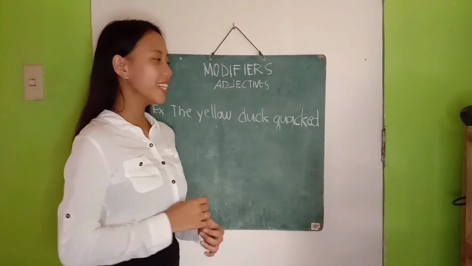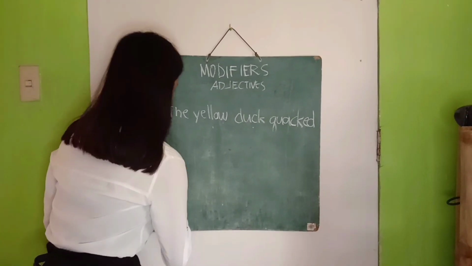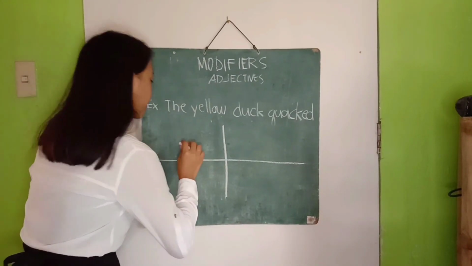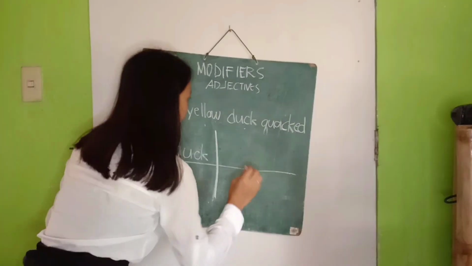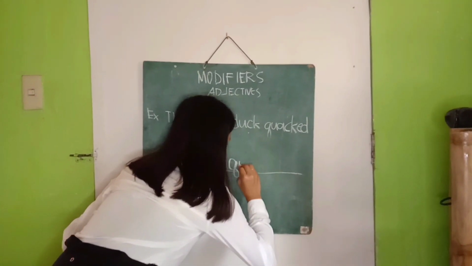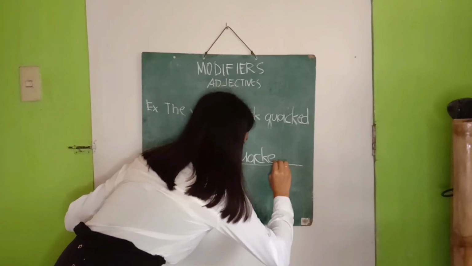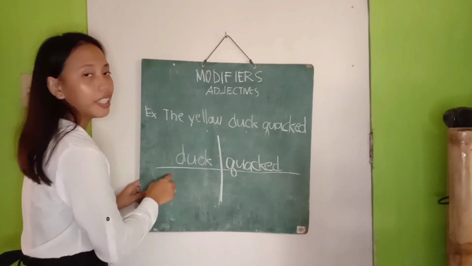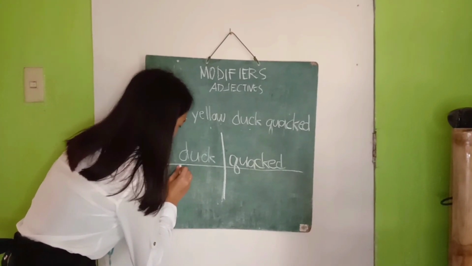To diagram this sentence, draw horizontal and vertical lines. Duck is our subject. Quacked is our verb. And yellow is the adjective that modifies our subject.